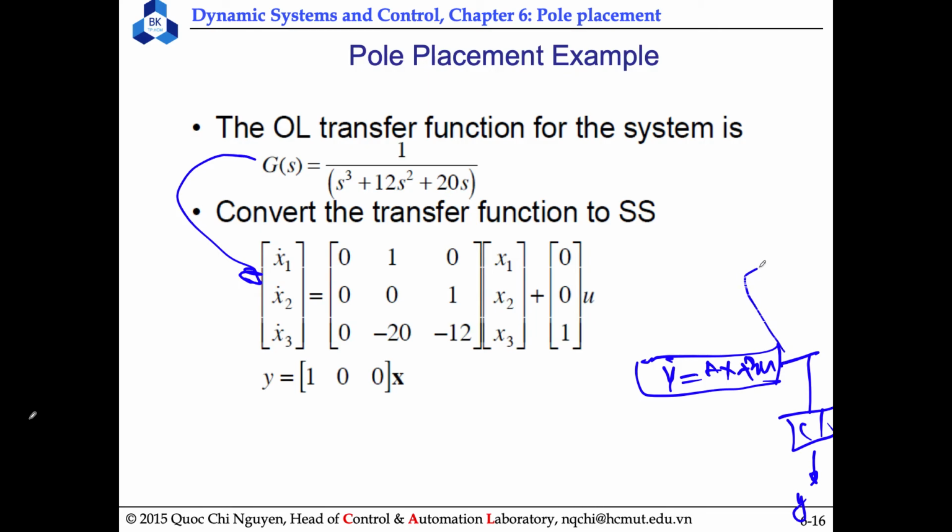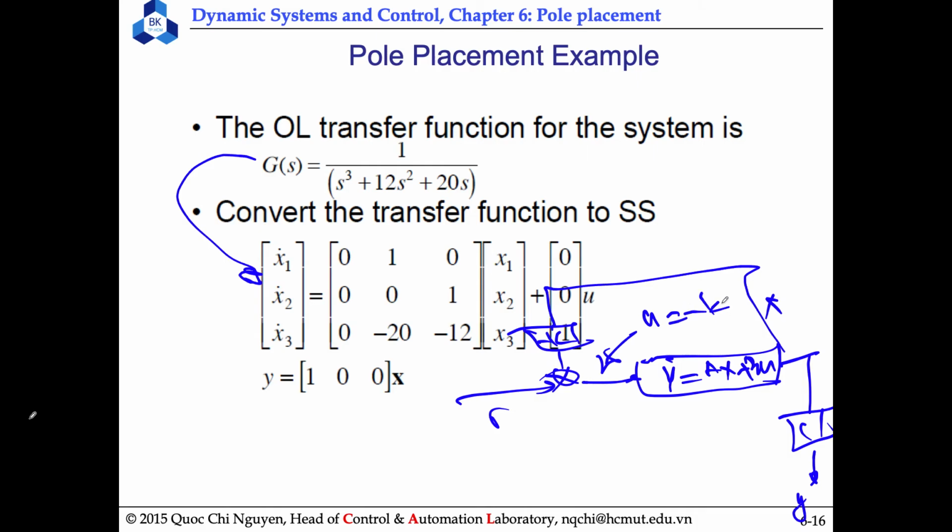So we just take x from here, multiply with minus k, and this is u equals minus kx plus r here, right?